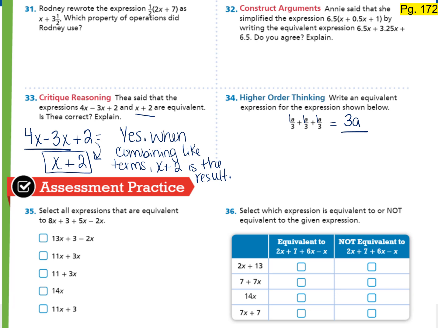Because remember, when you add fractions and the denominators are the same, you keep them the same. So you have a 3a over a 3. And if you want to, you could actually probably cancel these and you just get an a.